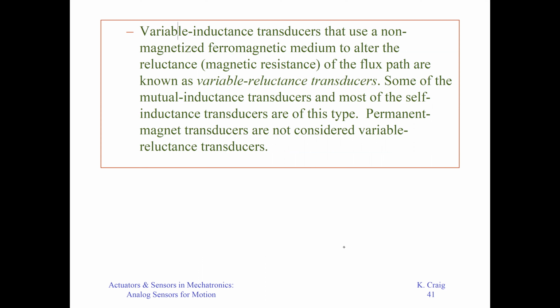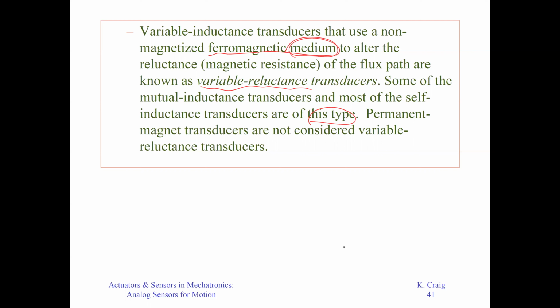So there's another idea, which is changing the ferromagnetic medium, okay? We'll see some ideas about this, also called a variable reluctance transducer. So the mutual inductance transducers and most of the self-inductance transducers are all of this type, involving the change of this medium, okay?